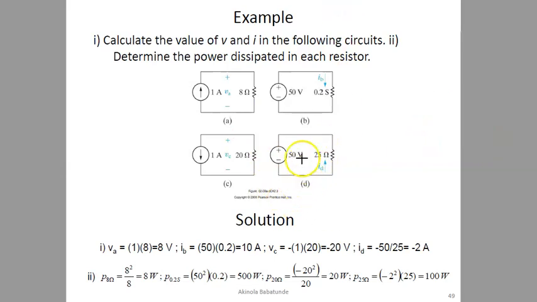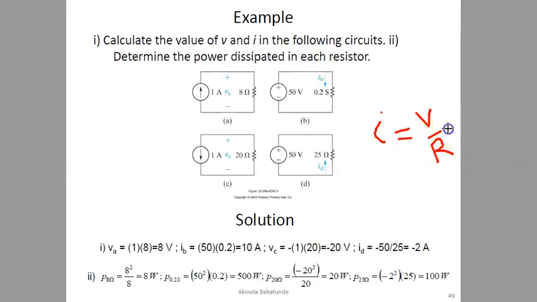Also, for the fourth circuit, the D circuit, you will find out that our D is going up here, down this way. So instead of current flowing from positive to negative, also our V is flowing in the opposite direction. So what we are looking for here will be ID. Our ID will be equal to, we know how we call the V over R. We know that's the expression for current.